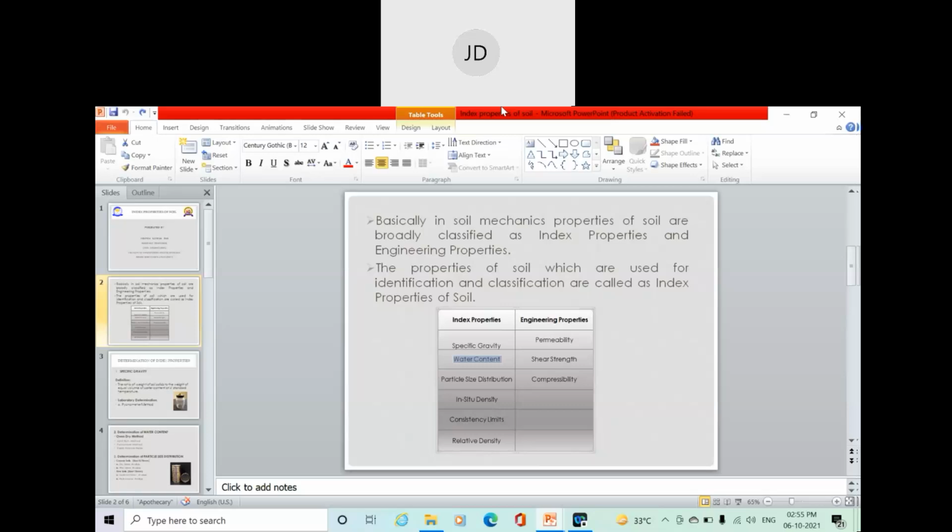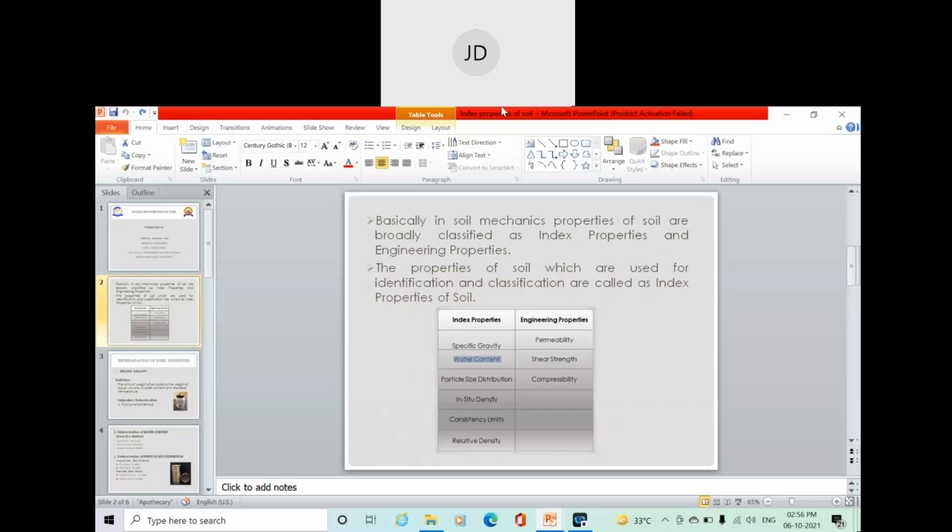But if you want to know the water content of a soil quickly, you can go for the calcium carbide method. To determine moisture content accurately, you have to go for the oven dry method. But you have to keep the moist sample in the oven for 24 hours. That means to get the result you have to wait minimum one day.